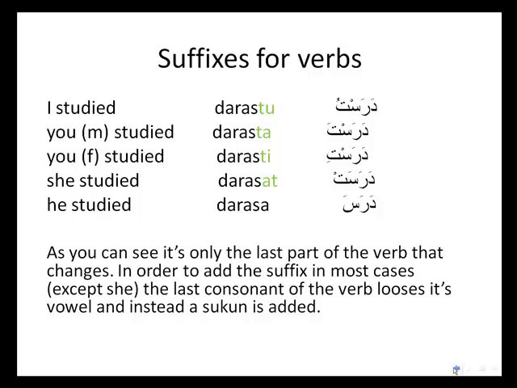As you can see, the beginning of all of them is the same, and it's also the same as third person masculine past tense, darasa. In order to add the final part, except for in she studied, a sukun is added on the sin: darastu, darasta, darasti, etc.